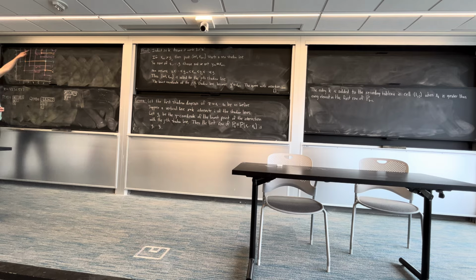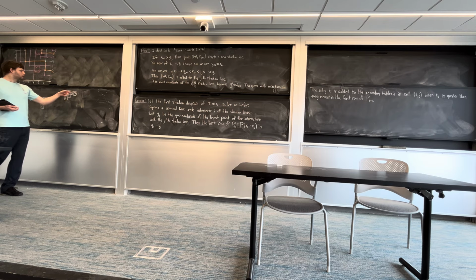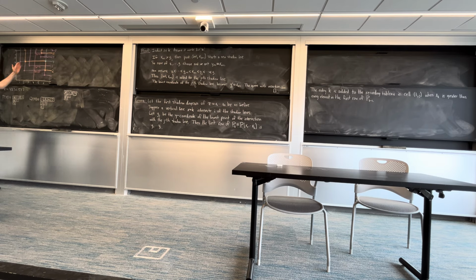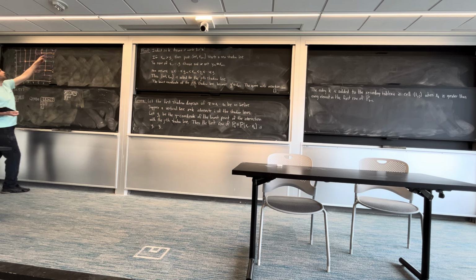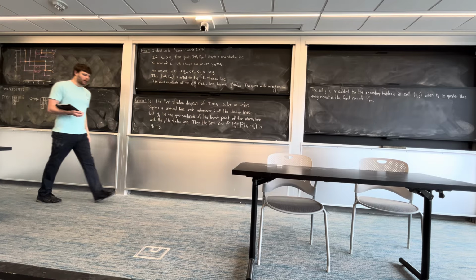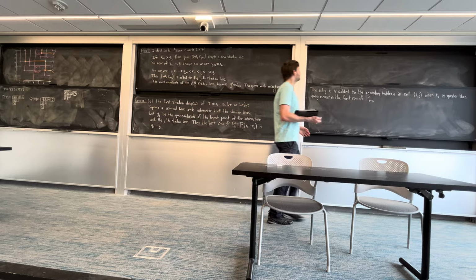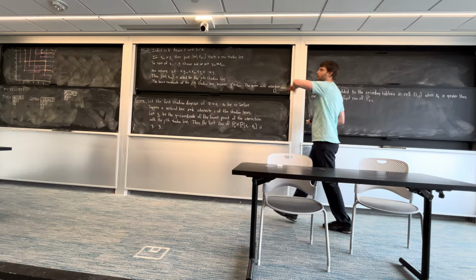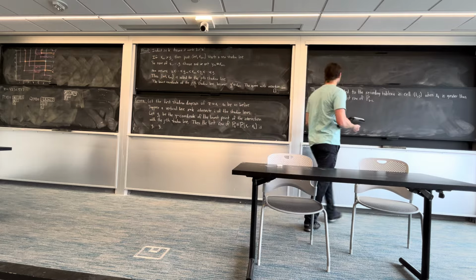So this 1 corresponds to the first step, and then in the third step, we hit this ray. And in the fourth step, we hit this ray, so that's why we should have a 4 there. And in the seventh step, we hit this ray, which is why we should have a 7 there. So this is why we're getting the first row of the Q tableau from the purple numbers at the top.